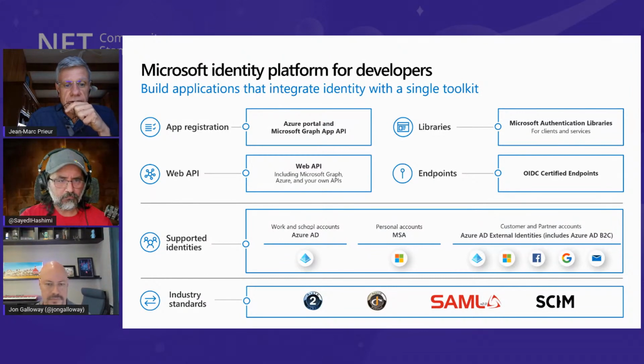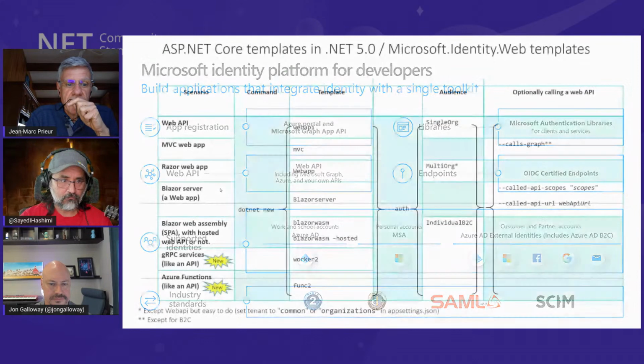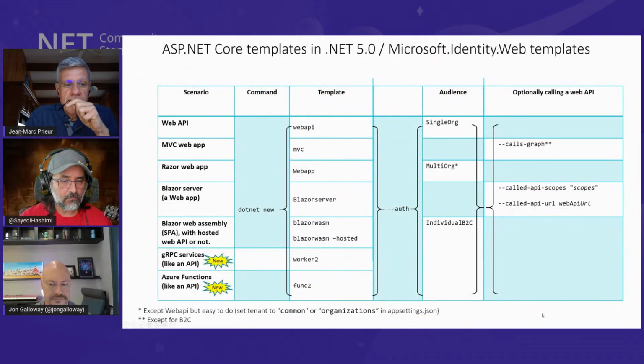All that is supported. And this is based on industry standards like OAuth 2, SAML, OpenID Connect, etc. So that was the marketing kind of slide. Now the next slide will explain more about how that applies to ASP.NET Core.